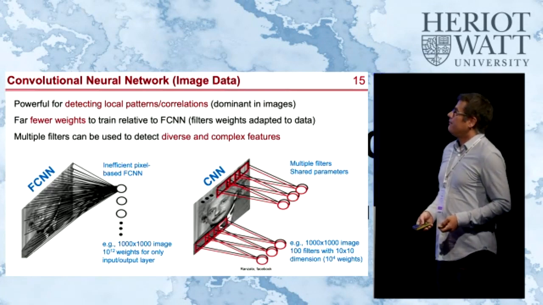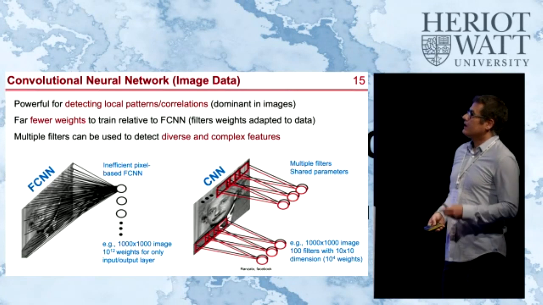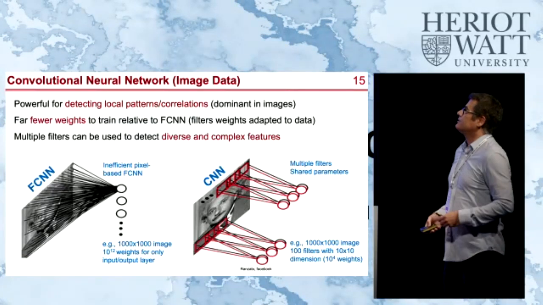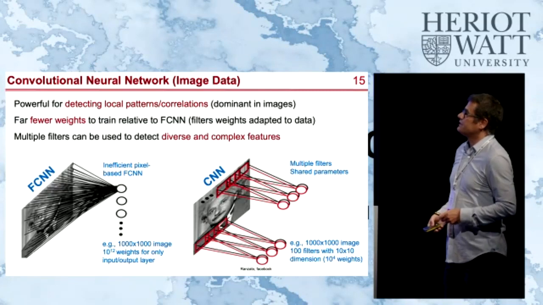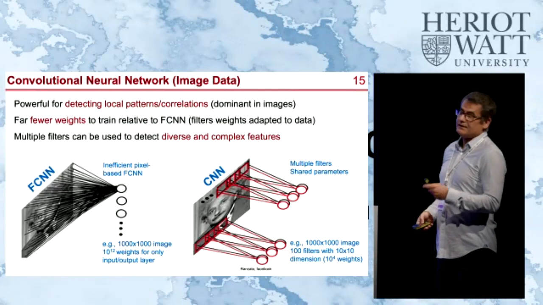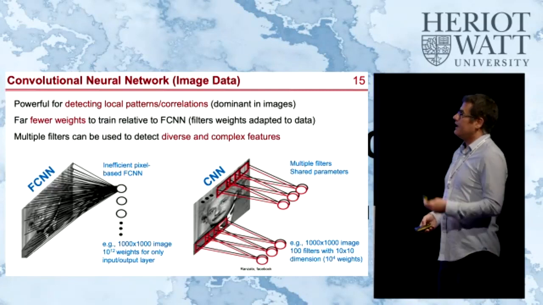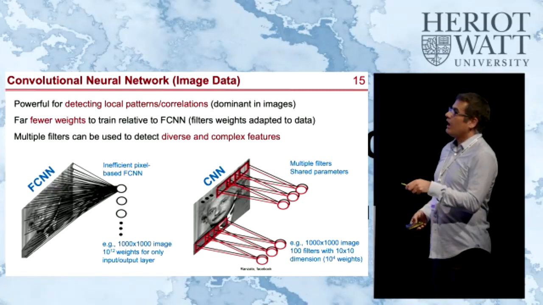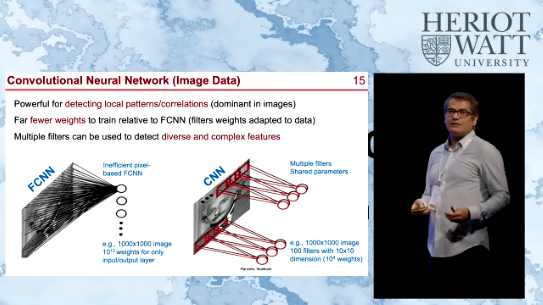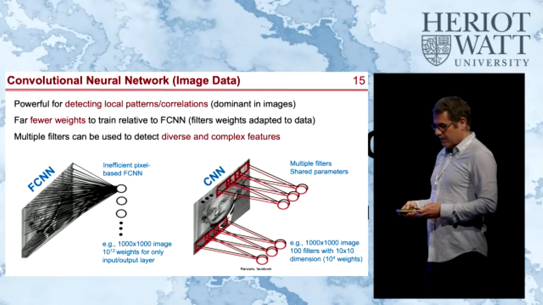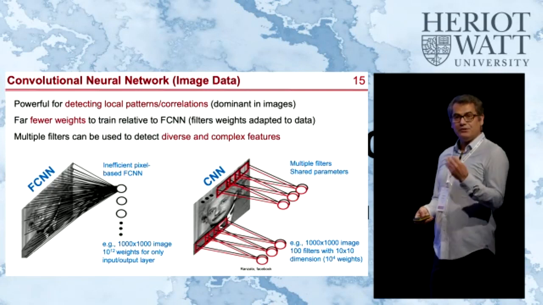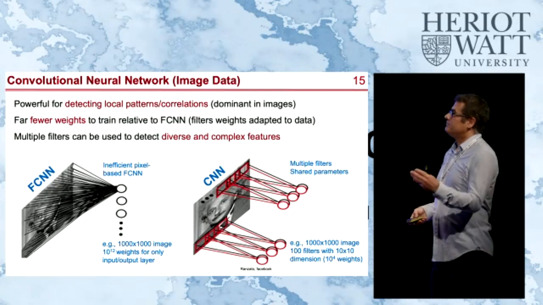Compared to a fully connected neural network, you have far fewer weights to train. The key difference from wavelets, which also use filtering, is that we use a lot more filters here, and those filters are adapted to the training data. Unlike wavelets, where the filters are pre-designed and you don't work with too many of them, maybe a few.